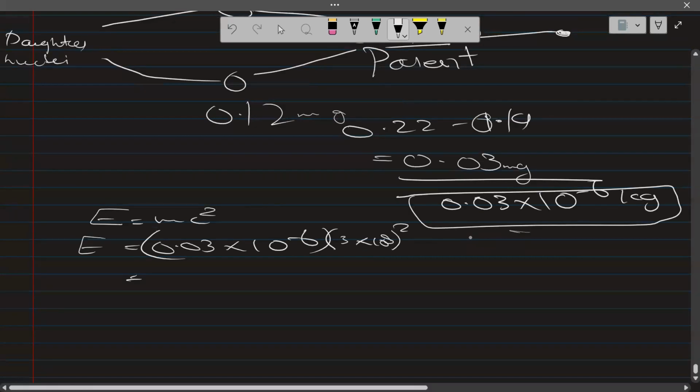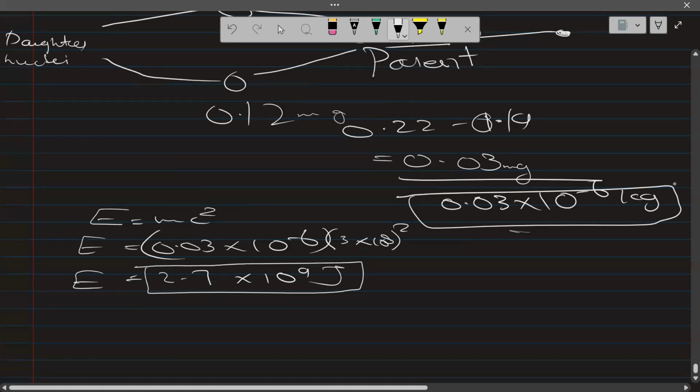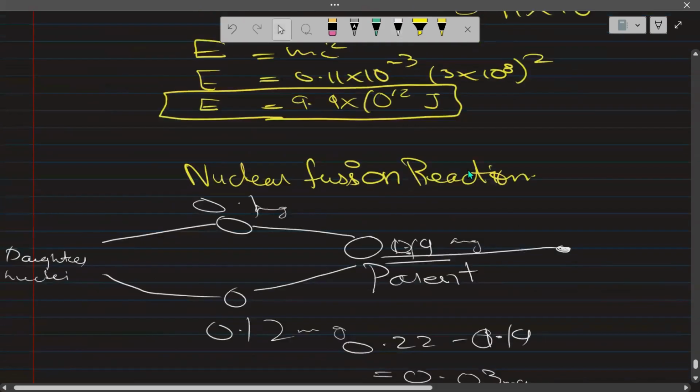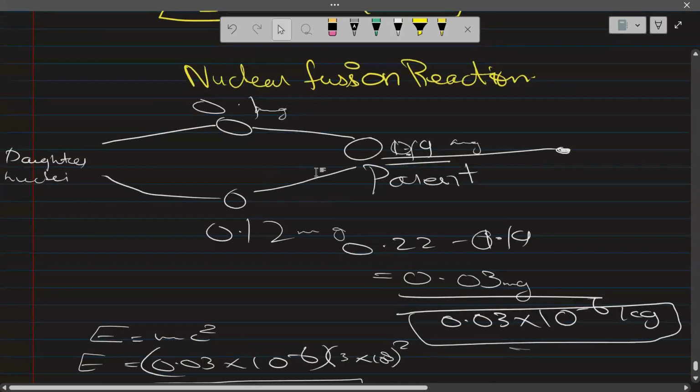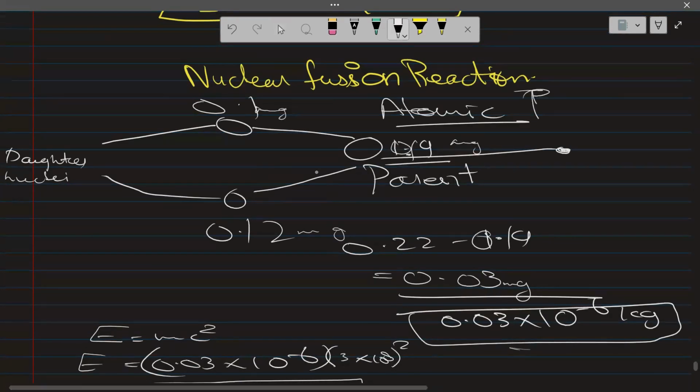The answer will be 2.7 times 10 to the power of 9 joules. So this huge energy is created from just a small amount of matter. Hence this reaction is also used in atomic bombs. This is how atomic bombs work.